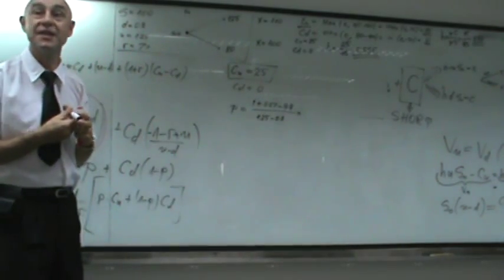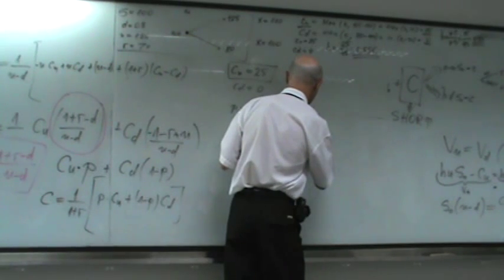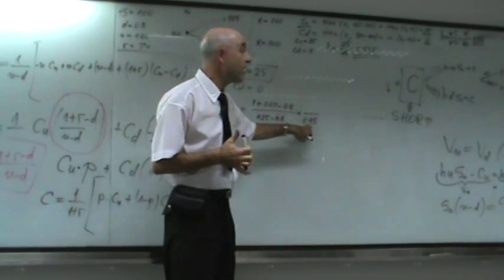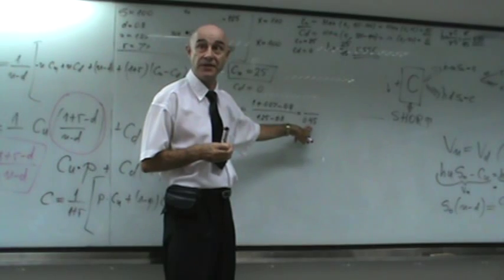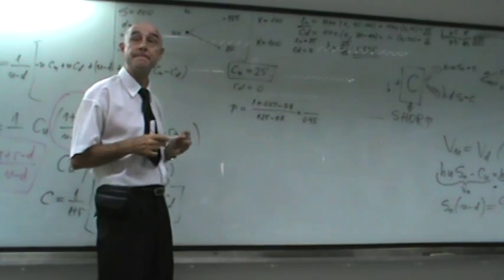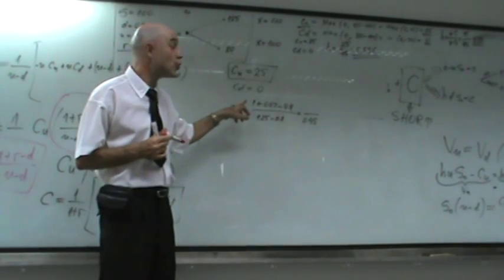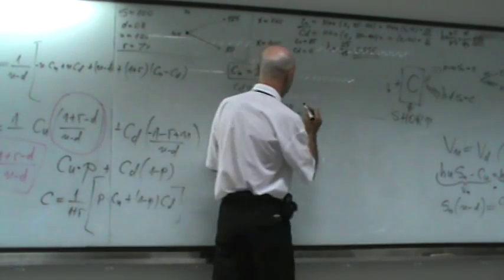Okay? So this one is 0.27. And what's on the downside? The difference is 0.45. That's the one.